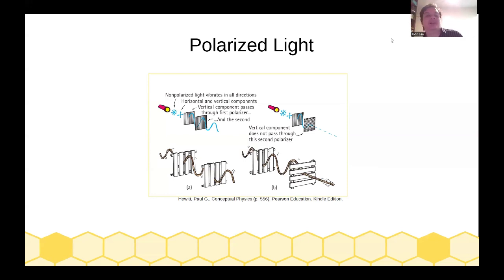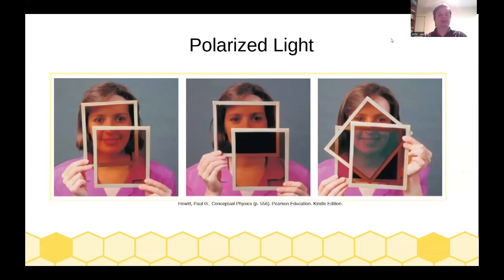So if it's at some angle, then some of the light is going to get through. But if it's at a 90-degree angle, then all the light that is polarized to go up and down cannot go side to side. It's going to be perpendicular to that, so none of the wave is going to be transmitted through the second polarizer.